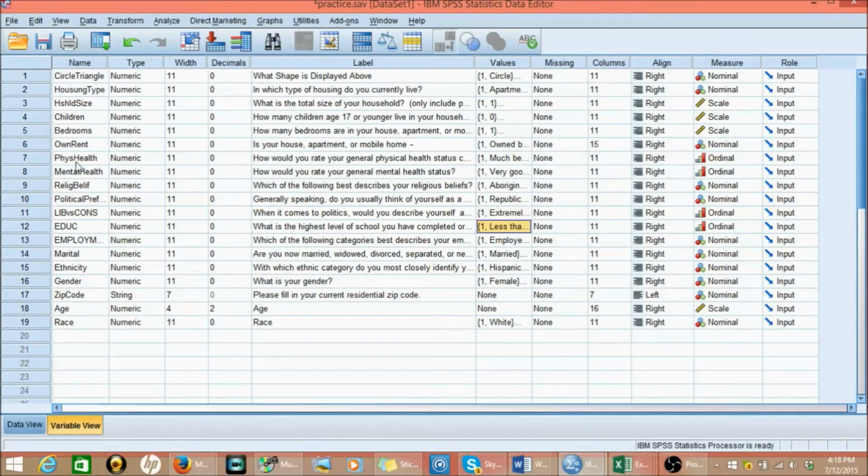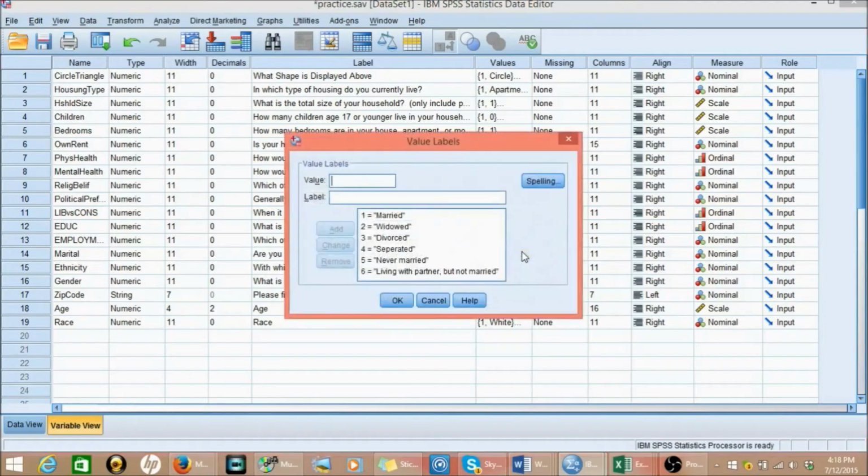Let me get to marriage here. Married, widowed, divorced, separated, never married. 2.88 falls somewhere in here, but there really is no such thing between widowed and divorced. This is nominal data. So you can't use a mean with nominal data. We can't suggest that it's pulled in one direction or another.